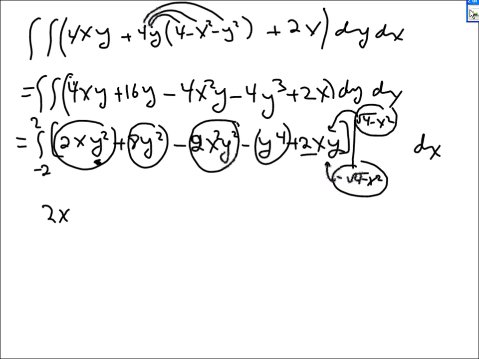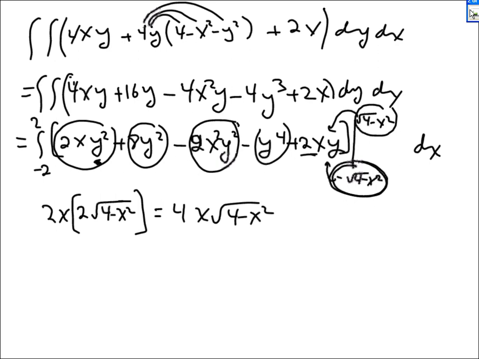I factor out the 2x. So in the upper limit, you get the square root of 4 minus x squared minus this, which is minus, so it becomes plus the square root of that. So this is just 4x square root of 4 minus x squared. So this is the integral from negative 2 to 2 of 4x square root of 4 minus x squared dx.